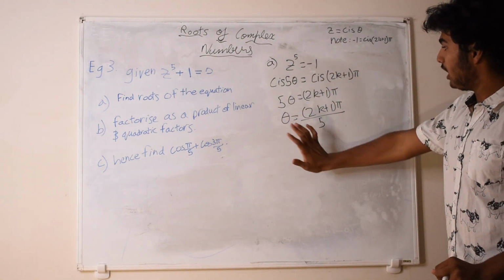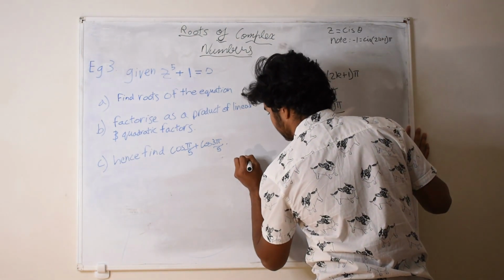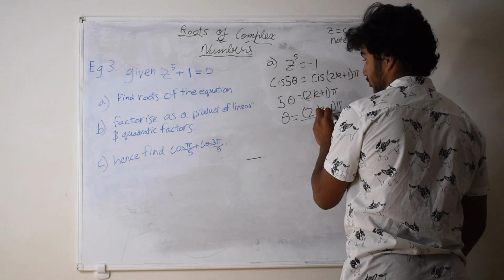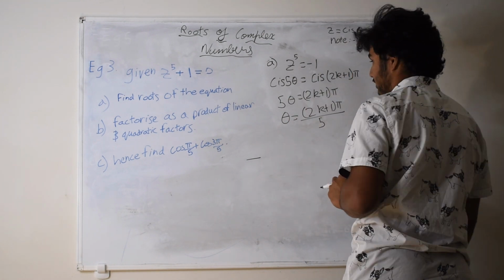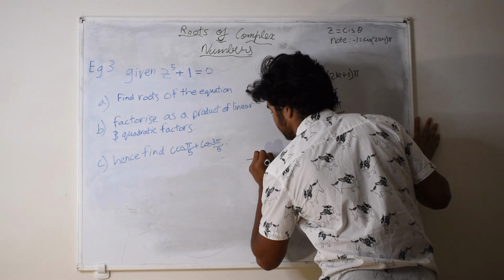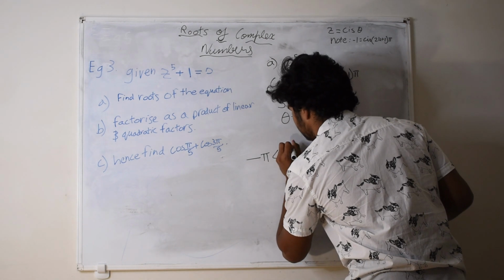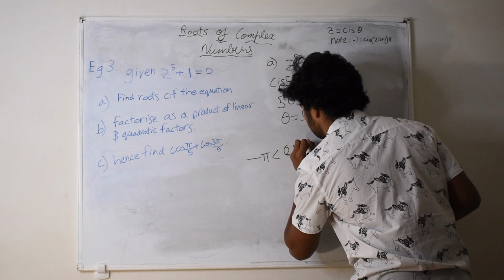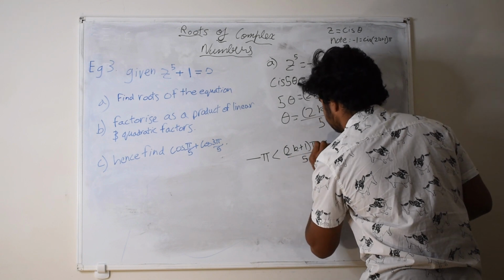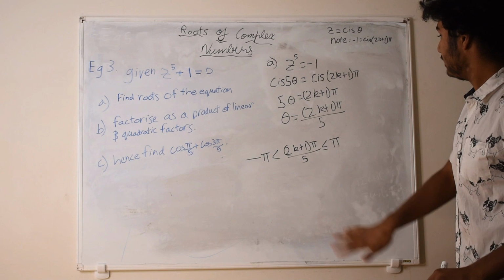We know what the argument theta is. Now we do come to the principal argument right here to know the limits for k, the values of k that are viable. Negative pi less than, sub this in over here, (2k plus 1) pi upon 5 less than or equal to pi.